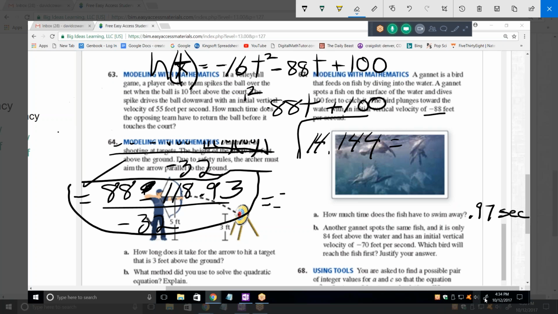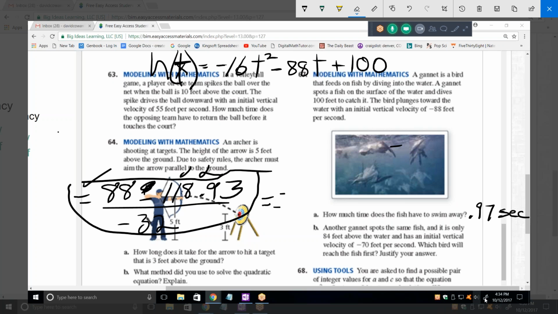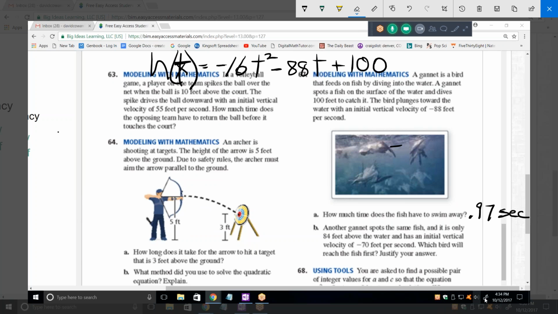In other words, the difference is the initial speed and the height. So how does it change my equation? That's for bird number 1. What about the height for bird number 2? What's its equation? Minus 16t squared. What's the rest of it?